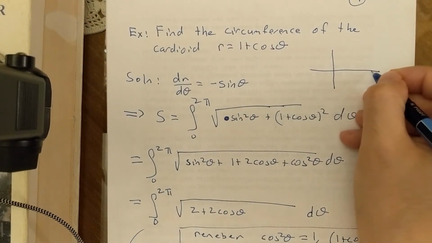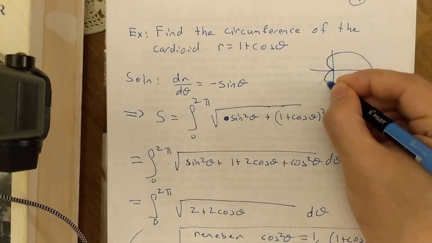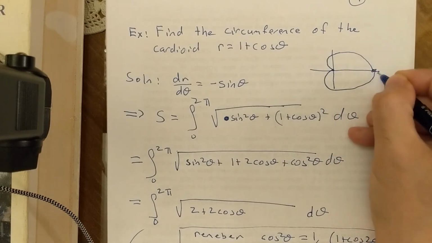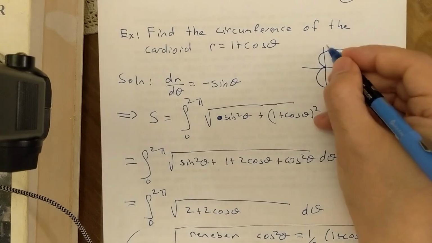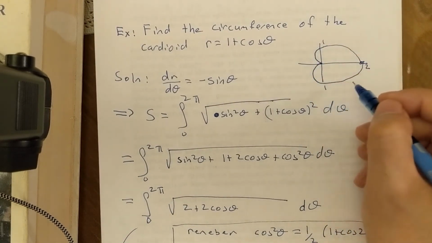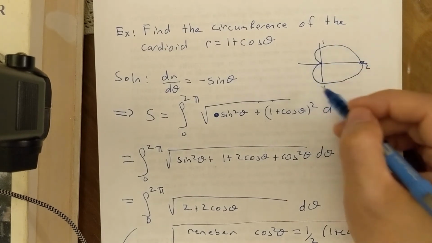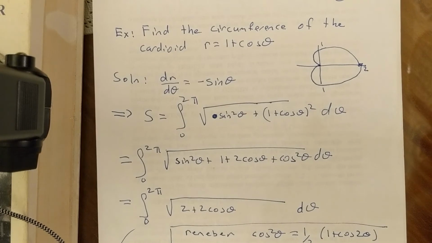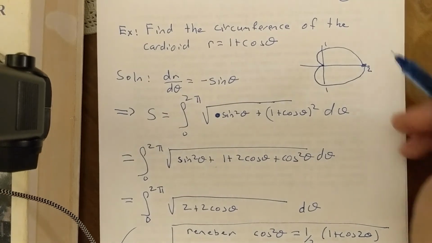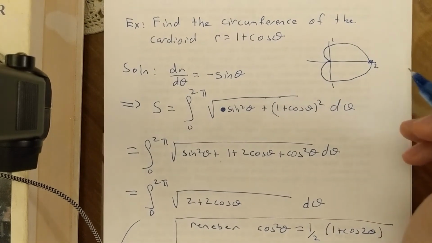This cardioid looks like a heart, that's why it's called a cardioid, right? It's something like this, and this point is 2, and here is 1, here is 1. Last time we found the area of it, so we found how big our hearts are, kind of. This time we want to find the circumference of it.